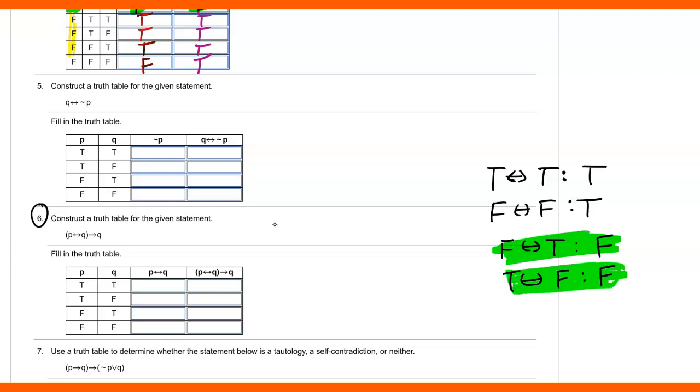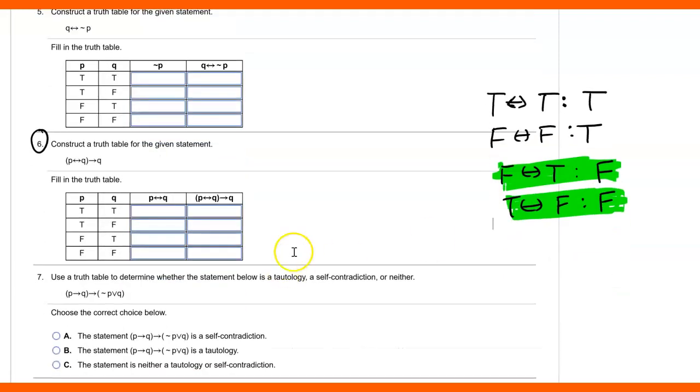For a biconditional to be true, both statements have to have the same truth value: T double arrow T means T, and false double arrow false is going to be T, true. Let's keep this in mind and do this one.